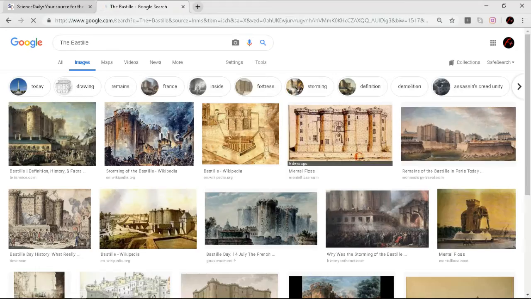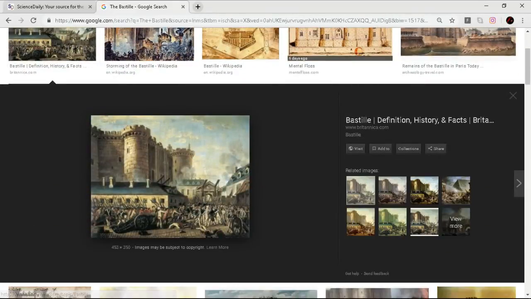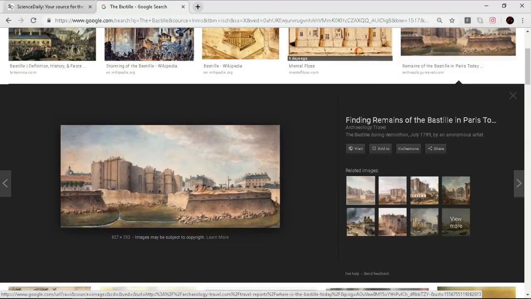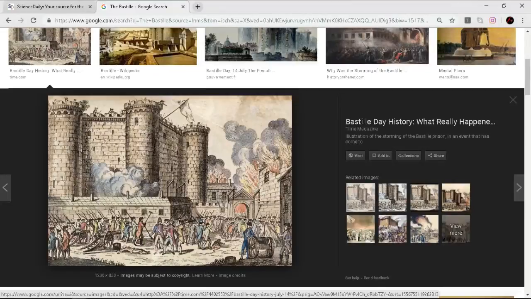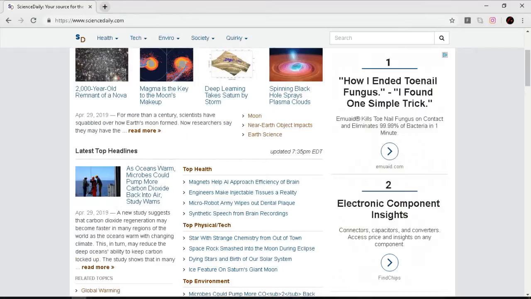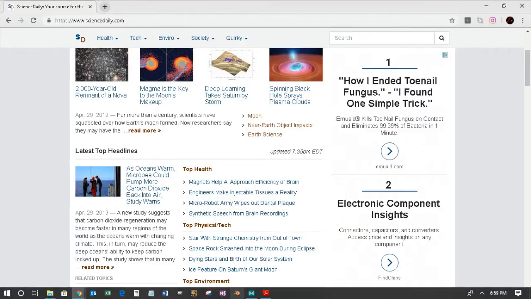Images. 15 things you may not know about the Bastille. Hmm. Guess it was just a prison. Anyway, back to it.